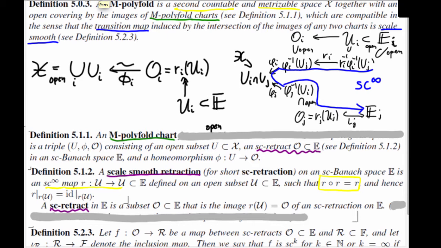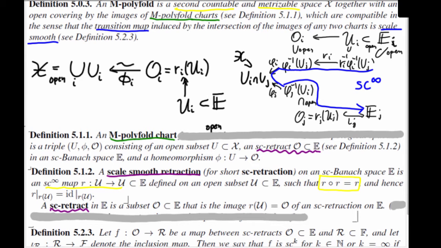So that's an open subset. And I don't really even know of an example where you're not retracting from the entire Banach space. But this is the general definition here.